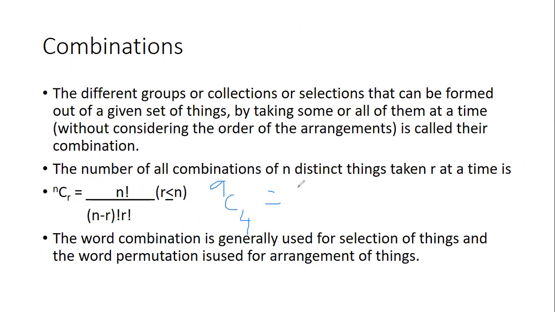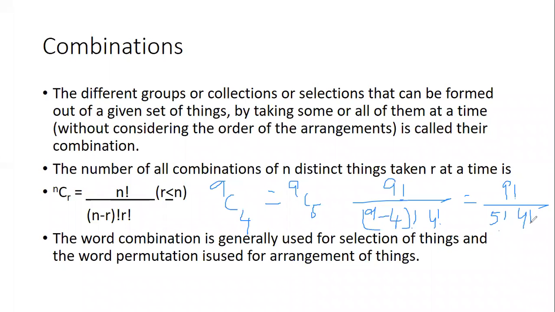9C4 is equal to 9C5. Here n is 9, r is 4. First we will find this: 9 factorial by 9 minus 4 factorial and 4 factorial. So 9 factorial by 5 factorial, since 9 minus 4 is 5, and 4 factorial.